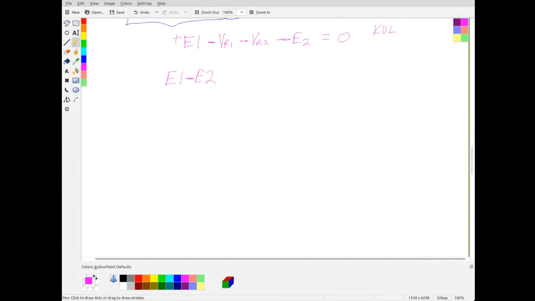If we draw a phasor diagram for that, we have E1 is 1 volt at an angle of 0 degrees.